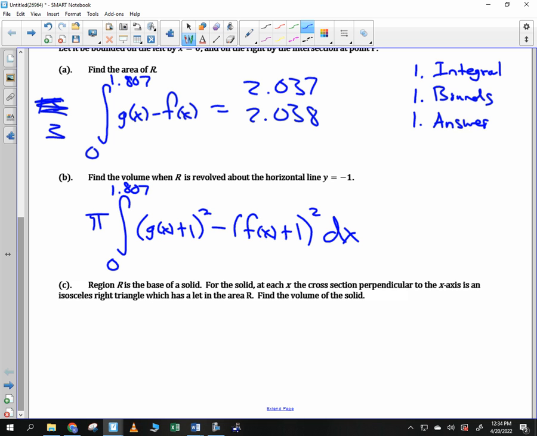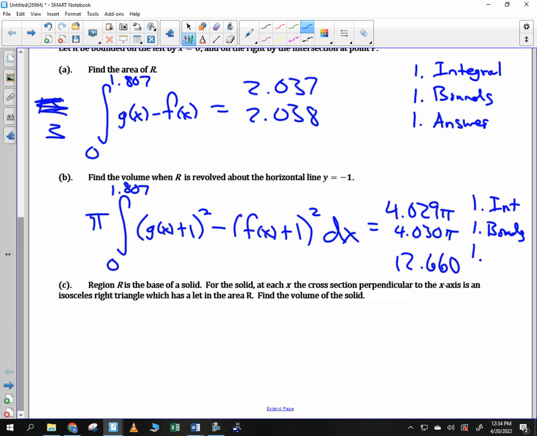Okay, that's what I want to see. And that answer comes out to be 4.029 pi or 4.030 pi or 12.660. So you get 1 point for the integral, 1 point for the bounds, and 1 point for the answer.